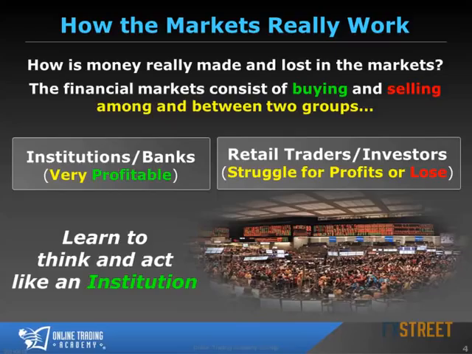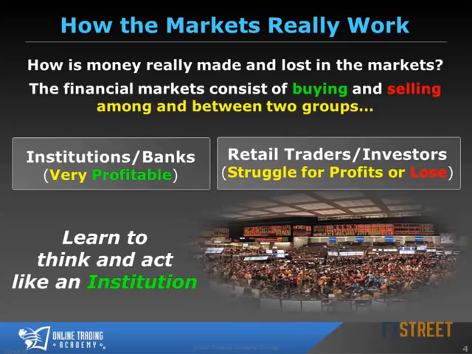At the same time, I noticed that individual traders and investors, like retail traders and investors, were equally wrong in their decision-making process most of the time and tended to lose lots of money as a whole.